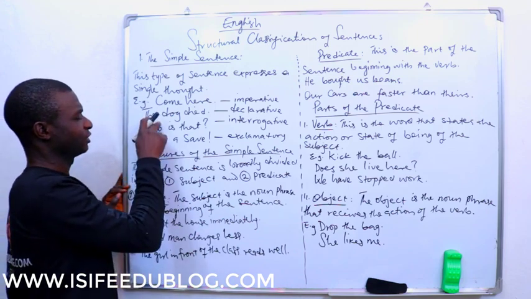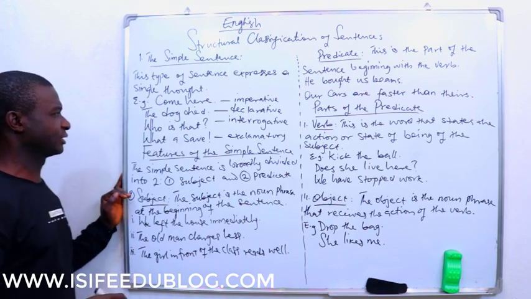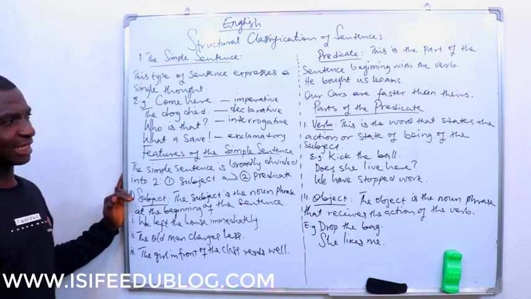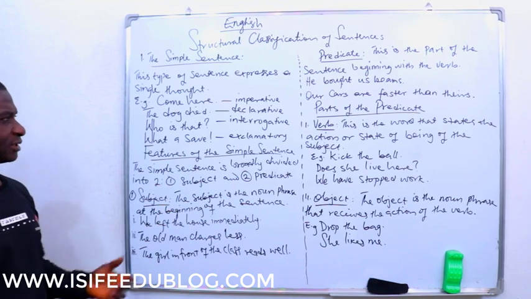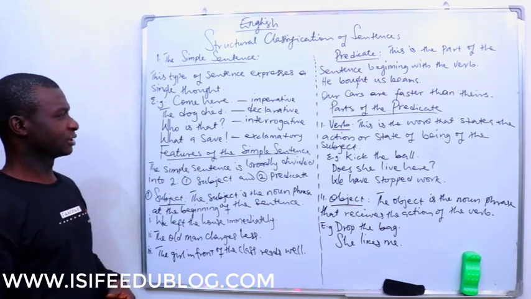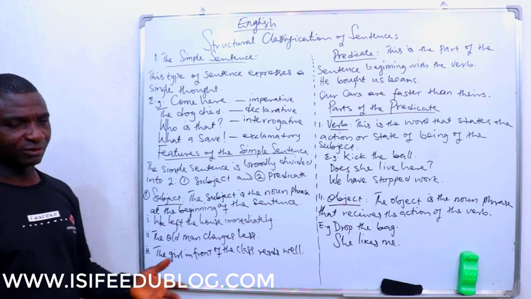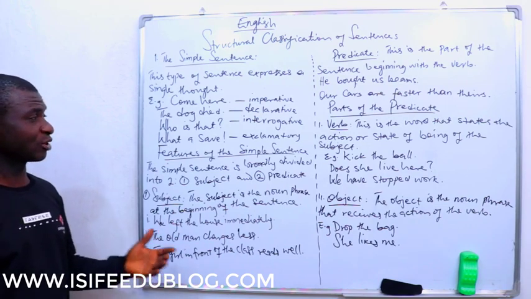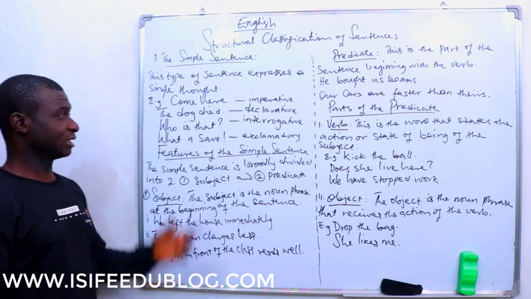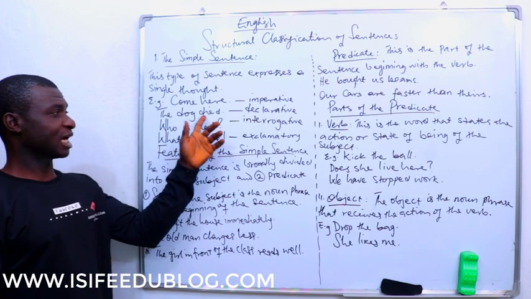Now, the second example here is the dog died. This is a declarative sentence. So the dog is the subject, died is the verb. You can see how simple the simple sentence actually is. It could just be a combination of two words. In this case, the subject and the verb.